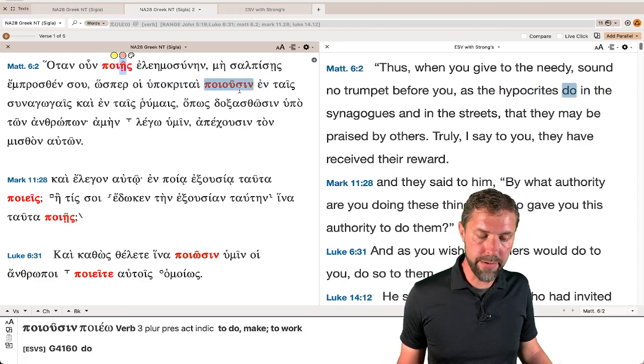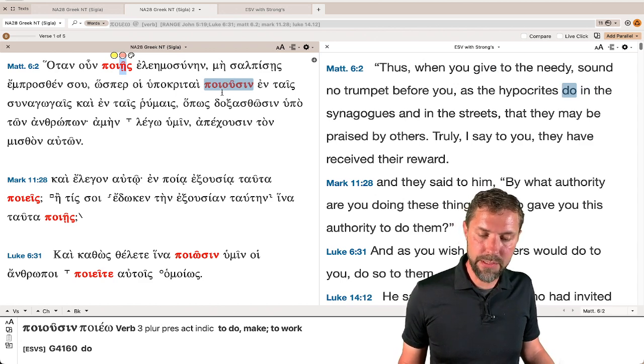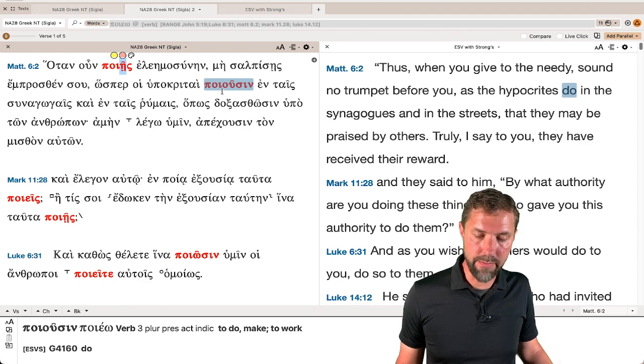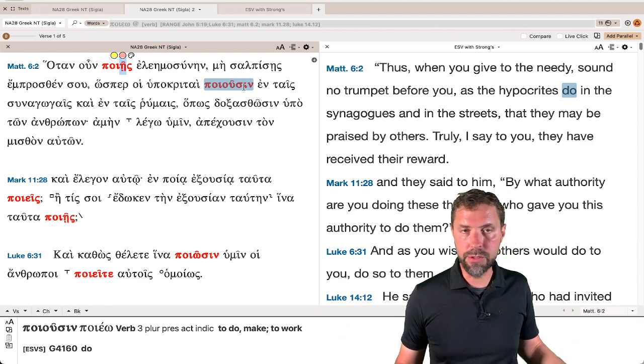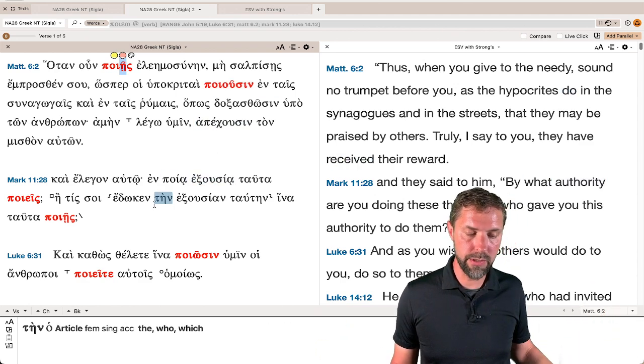Whereas this over here is a regular indicative, poiousin. The epsilon on the stem, poie, has combined with the ousi. The epsilon is inside of here, it's folded in. And so I end up with poiousin, it's just a third person plural. Not a subjunctive, nothing particular going on.